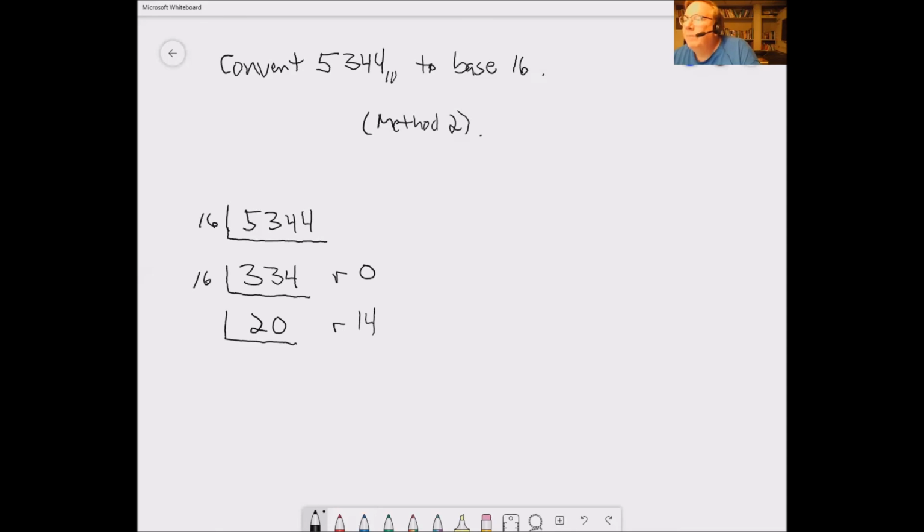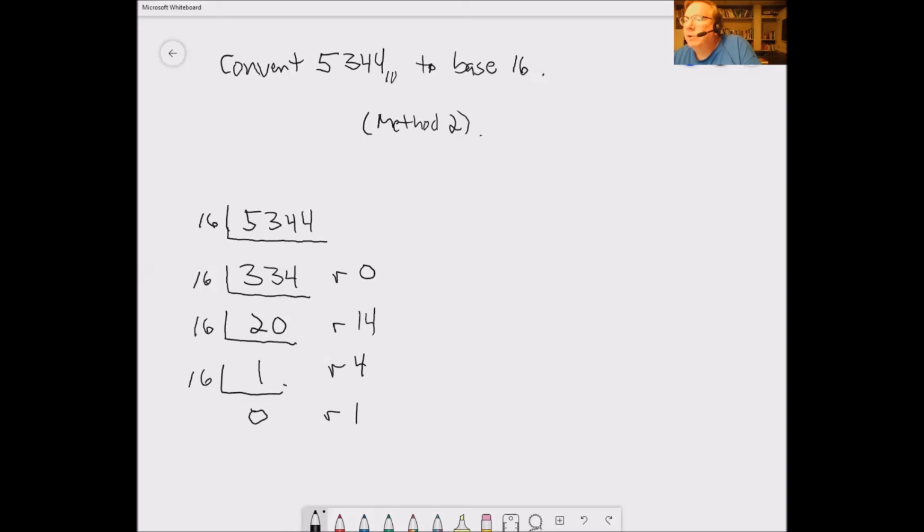Now what I'm doing is collecting my remainders on the right-hand side. Once I write those down, I can kind of forget about them for another minute or so. Now I'm going to keep putting 16 into what technically is my quotient. 16 goes into 20 once with a remainder of 4. And 16 goes into 1 0 times, but I still have that remainder of 1.